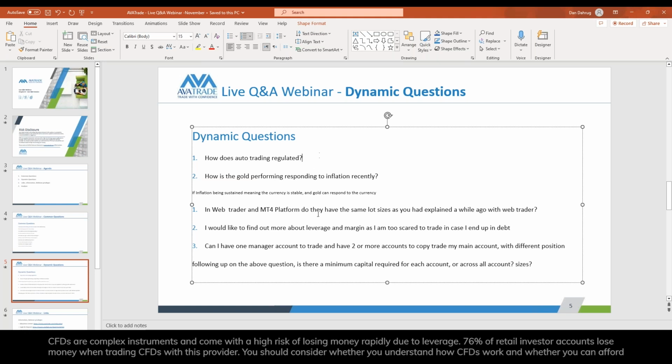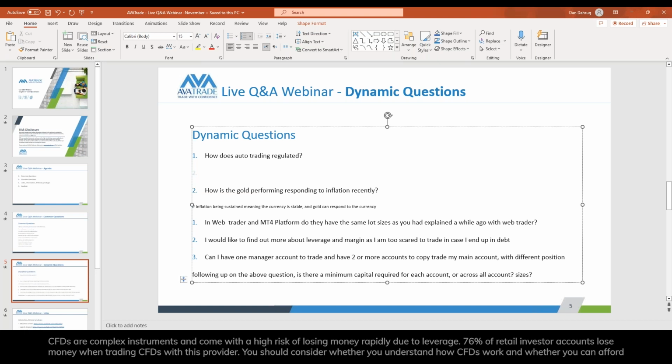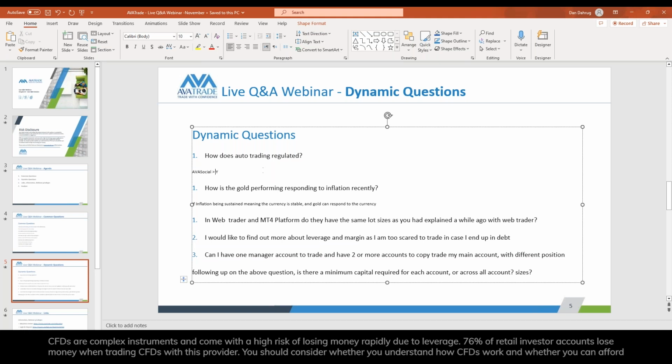How is AvaTrading regulated? Okay, so AvaTrading, we have few things to offer. So we have AvaSocial. In AvaSocial, it's not really AvaTrading. It's just linking your account to your trader's account. You can link your account to somebody else's account and trade automatically, right?